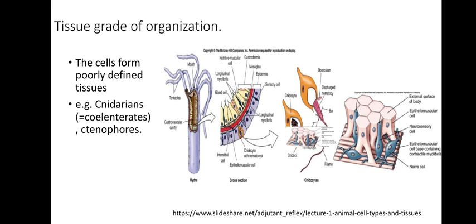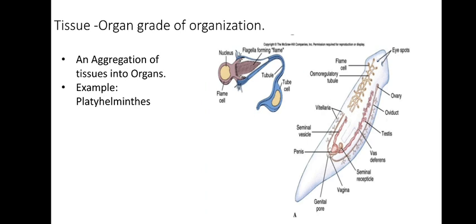That's very important in a tissue. So they coordinate with each other and they help in passing the signals. So a cluster of cells coordinating with each other, thus giving a first idea of tissue, is seen in case of Coelenterata. So here the grade of organization is called tissue grade of organization. You find this in Cnidarians or Coelenterata as well as in Ctenophora.